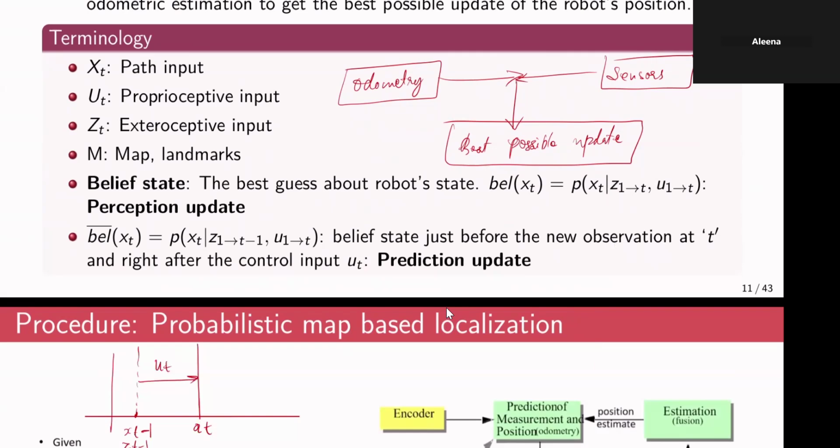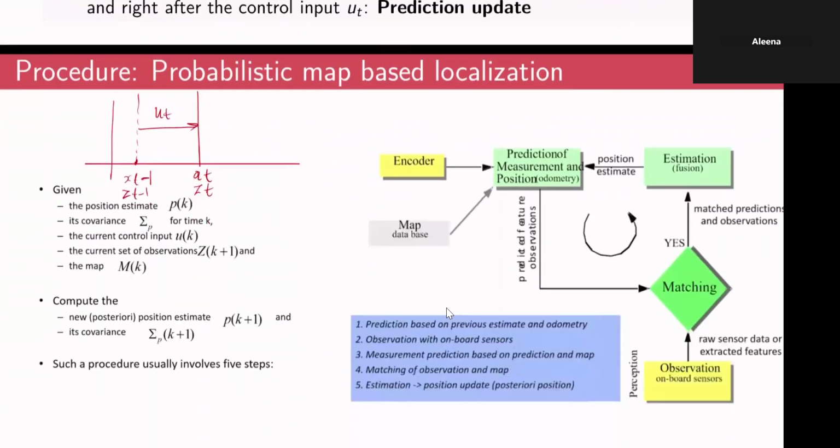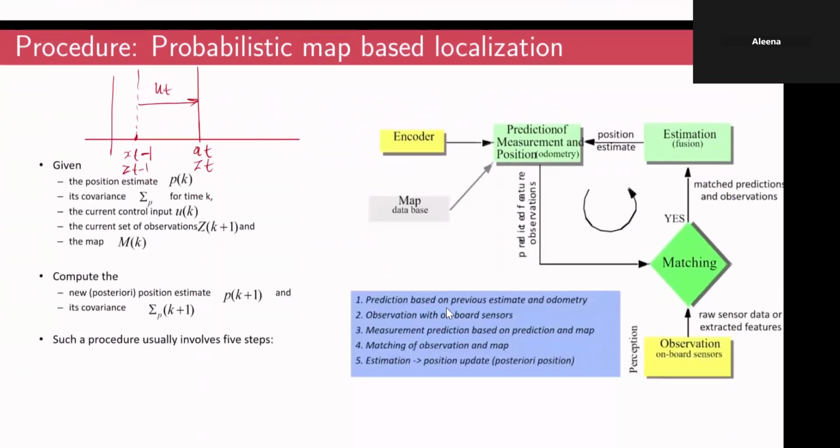And belief xt is after it takes its current sensor reading, so the probability that the robot is at position xt given its current sensor reading and the current control input. That is belief xt.